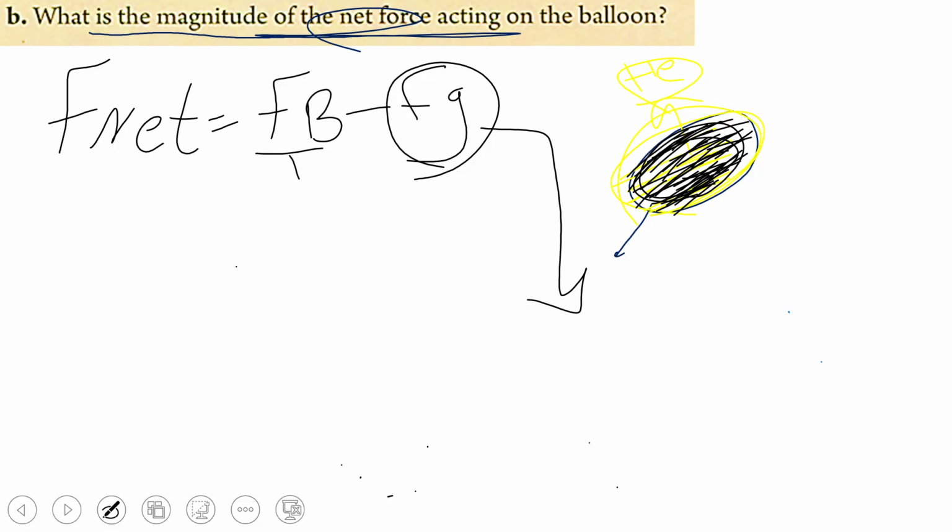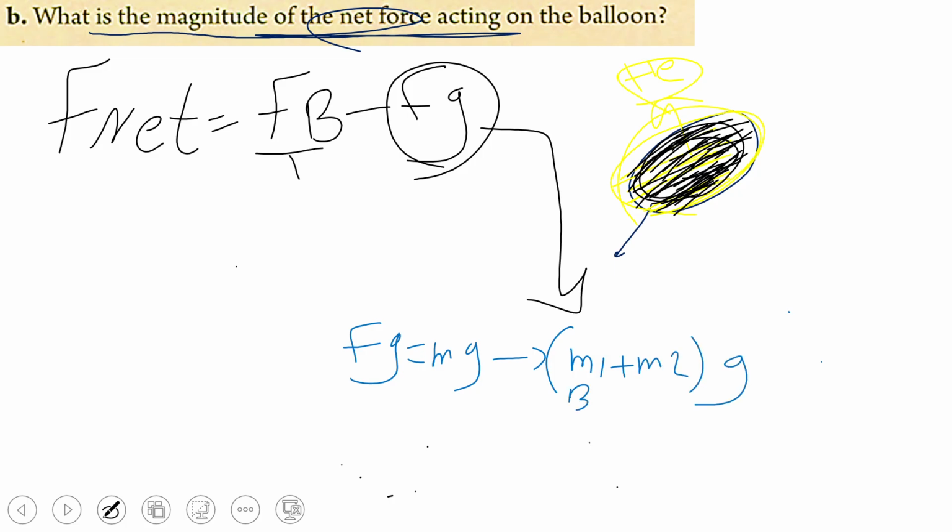So mass number 1 plus mass number 2, multiplied by g.